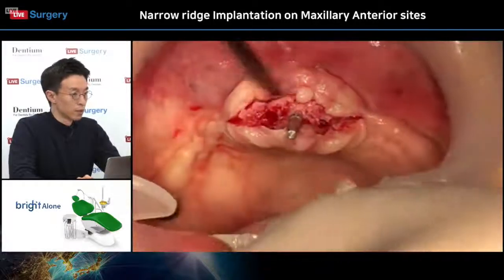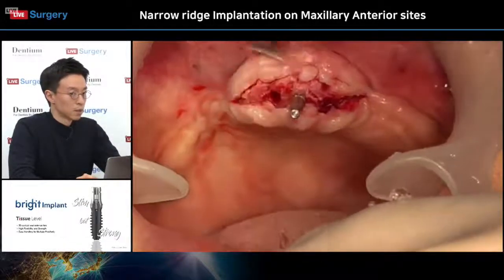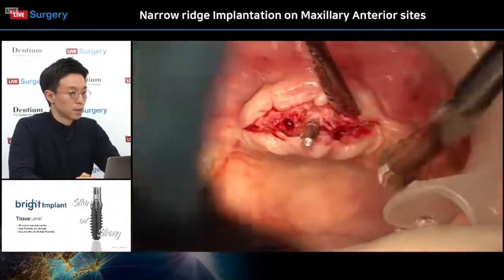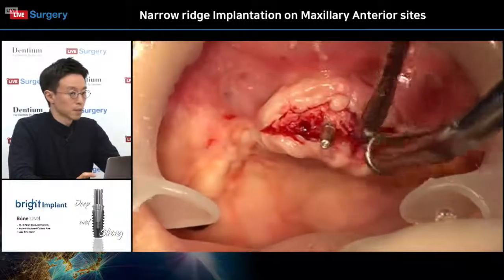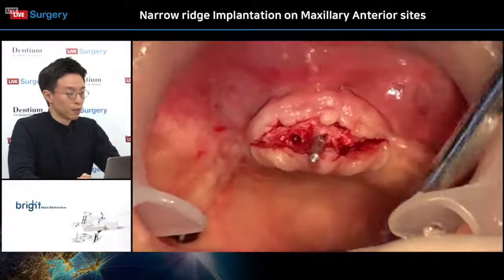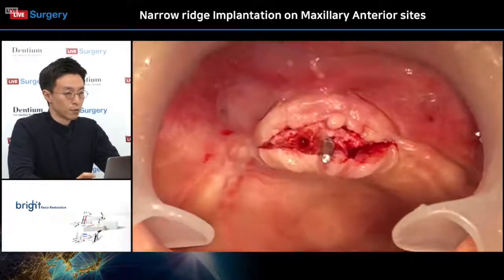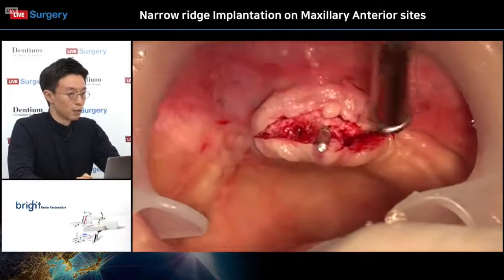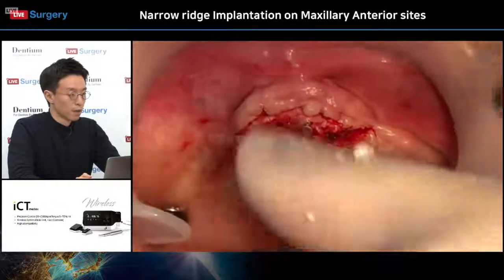He finished the implant drill. He drilled the 3.5 Bright drill with 1000 RPM and 35 Newton.